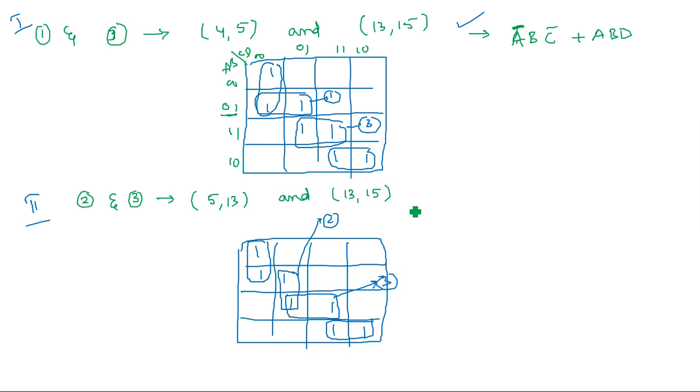And here for second and third, what is the expression for the second one? Second one is the vertical one. So here 0, 0, 0, 1, 1, 0, 1, 1. Sorry, 1, 1, 1, 0. So 1, 1 means A, B. B is common. And here it is C bar D. So ABD plus BC bar D. This is the second one.